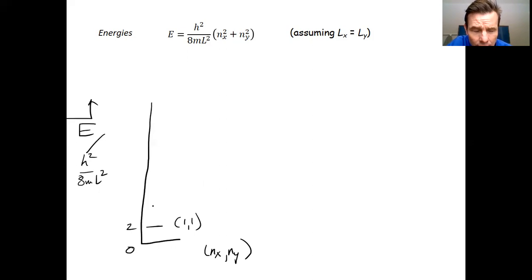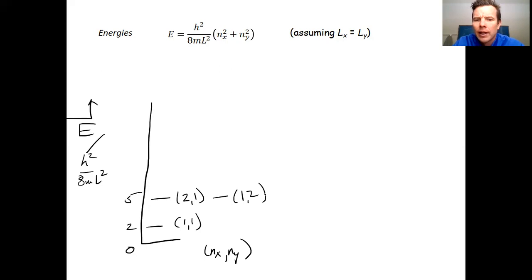The next energy level would be 2, 1. It's 5. And you'll note that I also get 5 energy units with 1, 2.